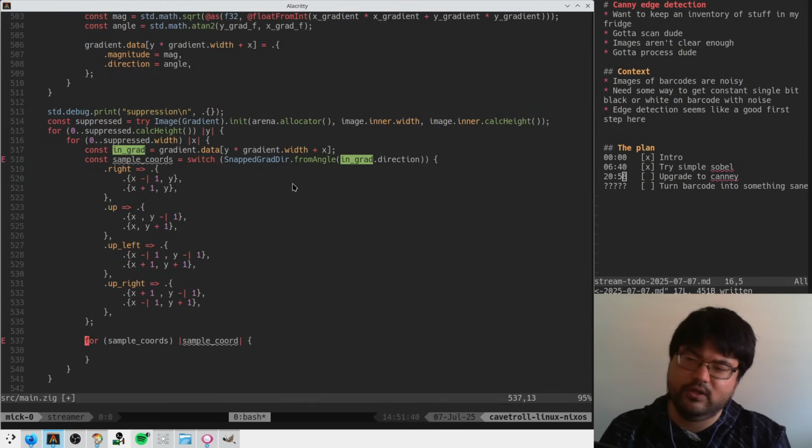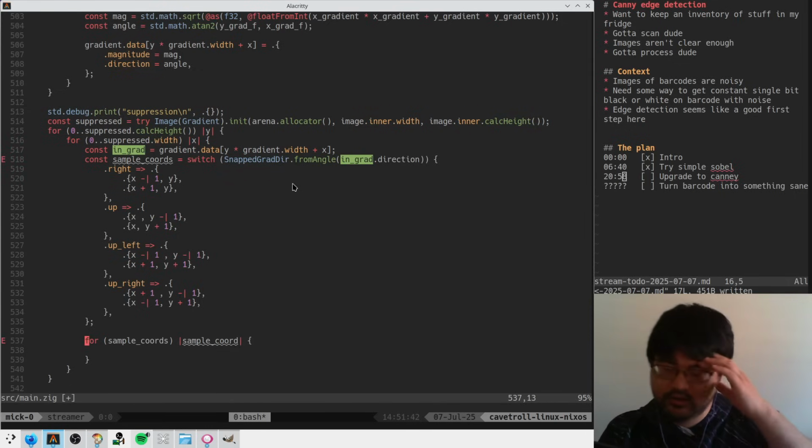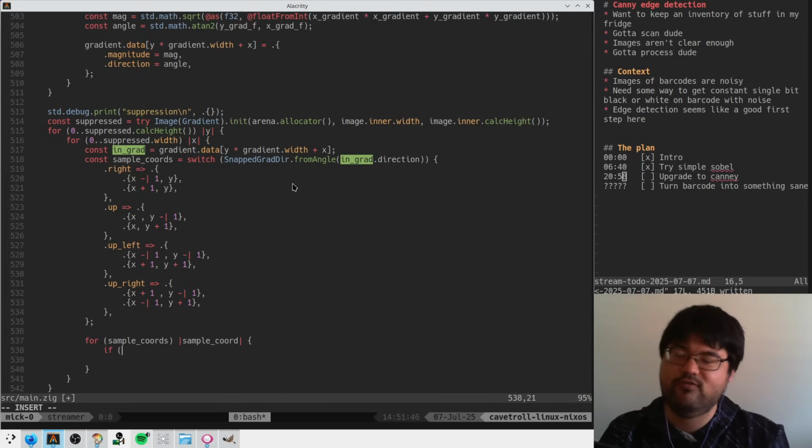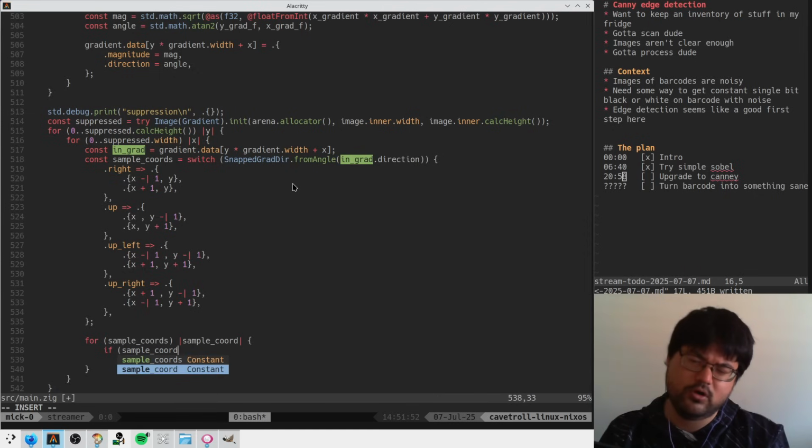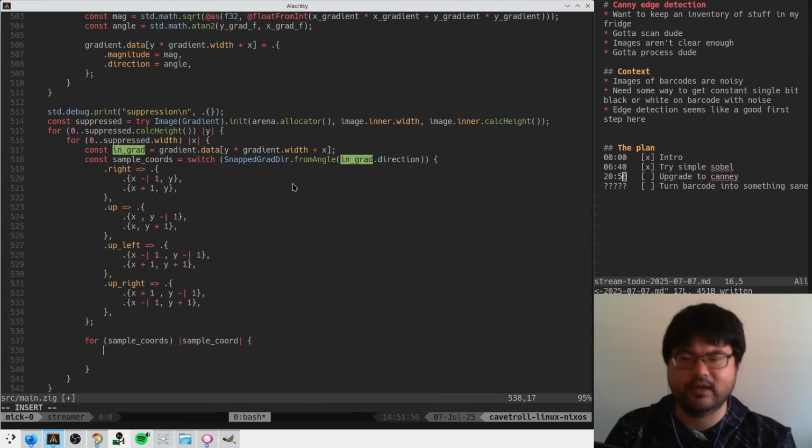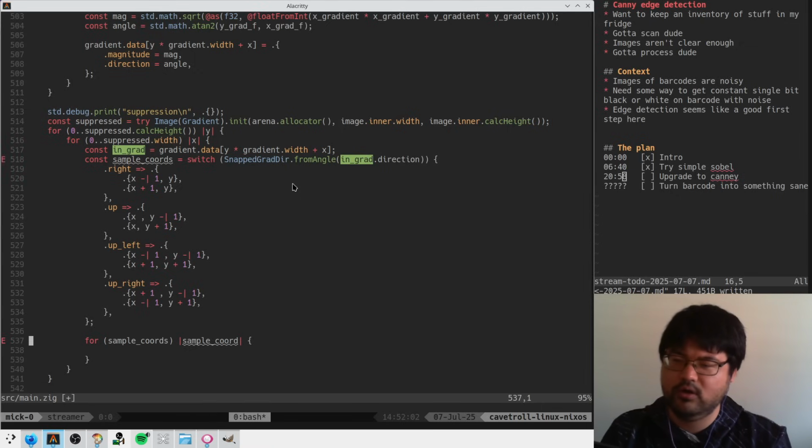I guess we're checking if the sample chord value is greater, right? So first of all, sample. Can we do this? Here, let's do this. Mutable? Oh, it's fine.